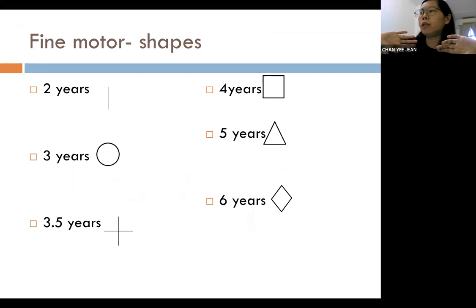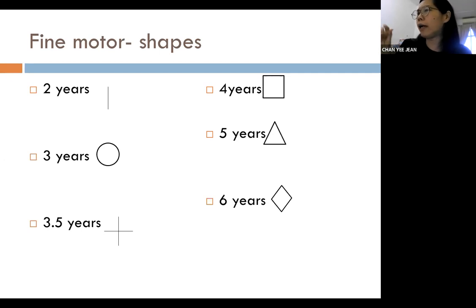Usually what I do when I learn developmental milestones is that I learn the progressions first. So I don't learn 2 years, do this, 3 years, do this, 3.5 years, do this. What I learn is that when they learn to draw, they start off with the line, then the circle, then the cross, then the square, then the triangle, then the diamond.